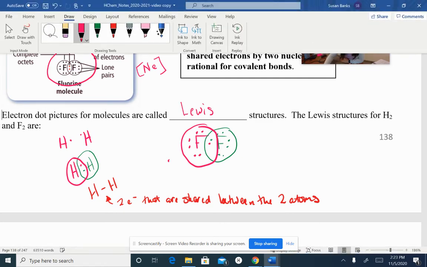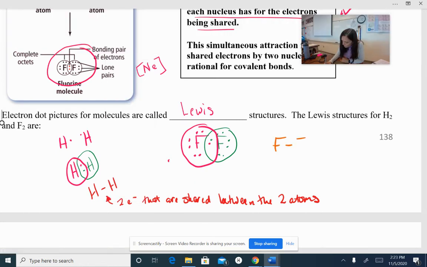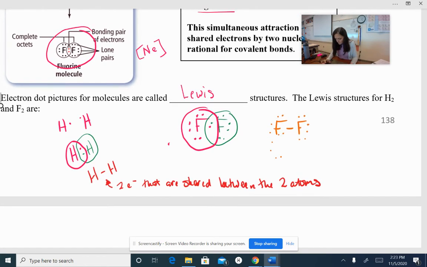So if I draw this, we would draw the Lewis structure like that. Okay?